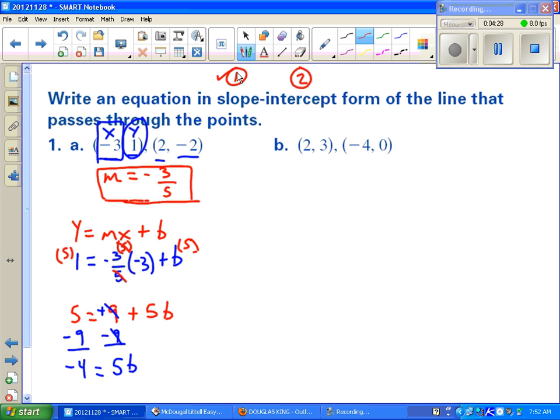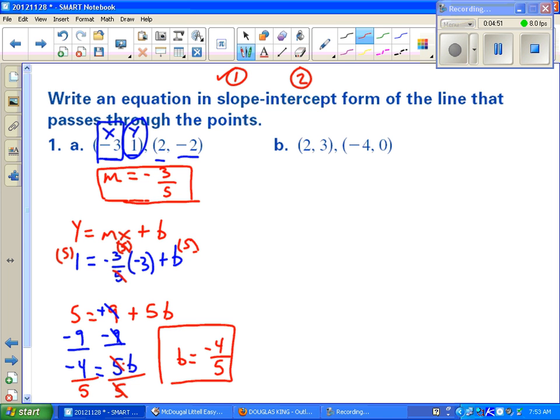And then in order to get b by itself, that says 5 times b. That says multiply, so undo that by dividing by 5. Do the same thing on this side. These will cancel out and leave you with just b. And on the other side, it's negative 4 over 5. Notice I switched it around right here. I just put the b first, but it doesn't change the answer. B's value is negative 4 over 5.